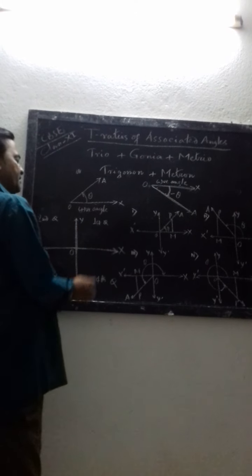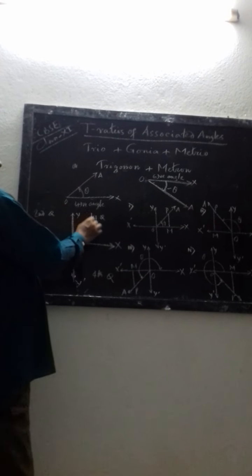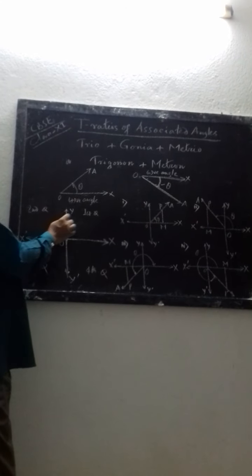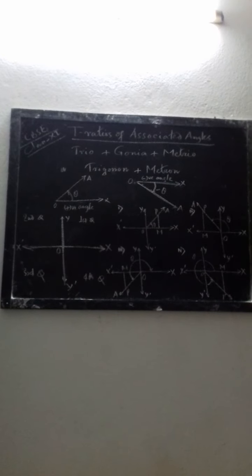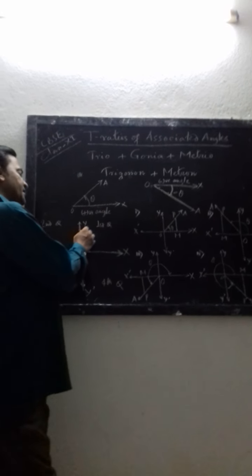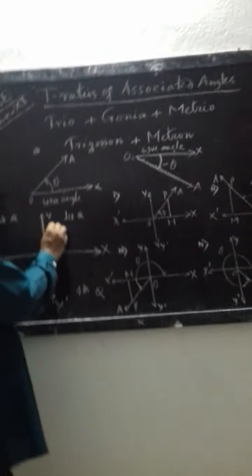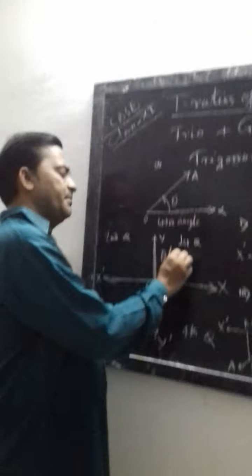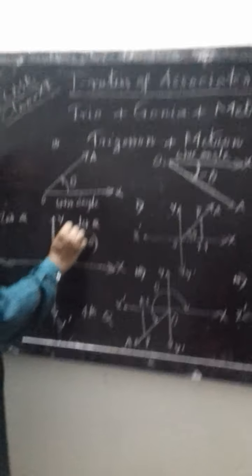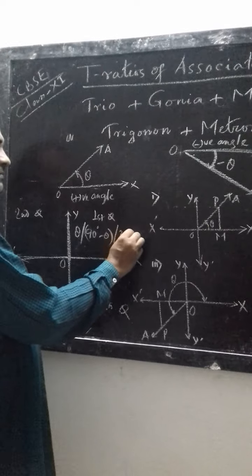This is the first quadrant. If theta be any angle, that is, if theta lies between 0 degree and 90 degree, we can express the angle in the first quadrant by writing theta, 90 degree minus theta, or 360 degree plus theta.